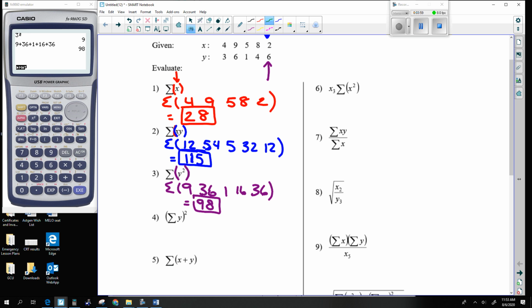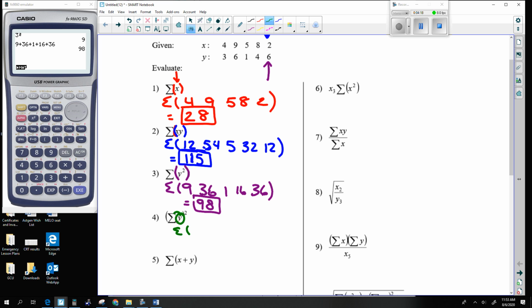Okay, next. What is on the inside of the summation? Well, it's just straight up y itself. Y is on the inside of this summation. Okay, so this is the summation of y squared.